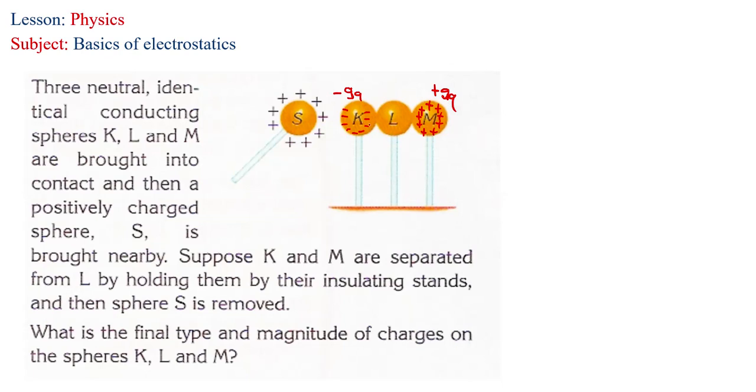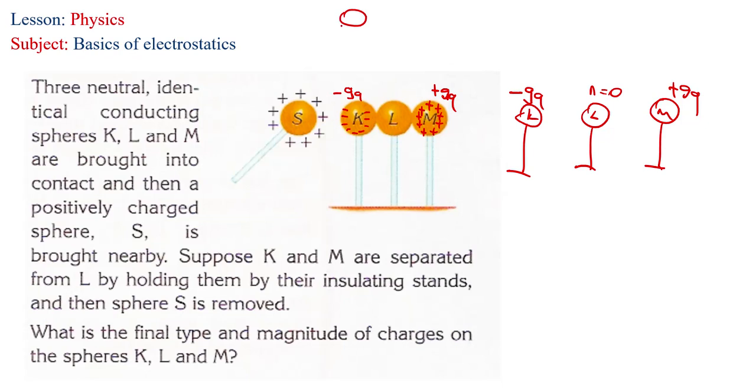So, and if I now separate them, the radii are the same. That's M here, that's L, and that's K. You have to understand that it will become minus 9q, and that's plus 9q. And L, now still it's neutral. So I brought it far away.